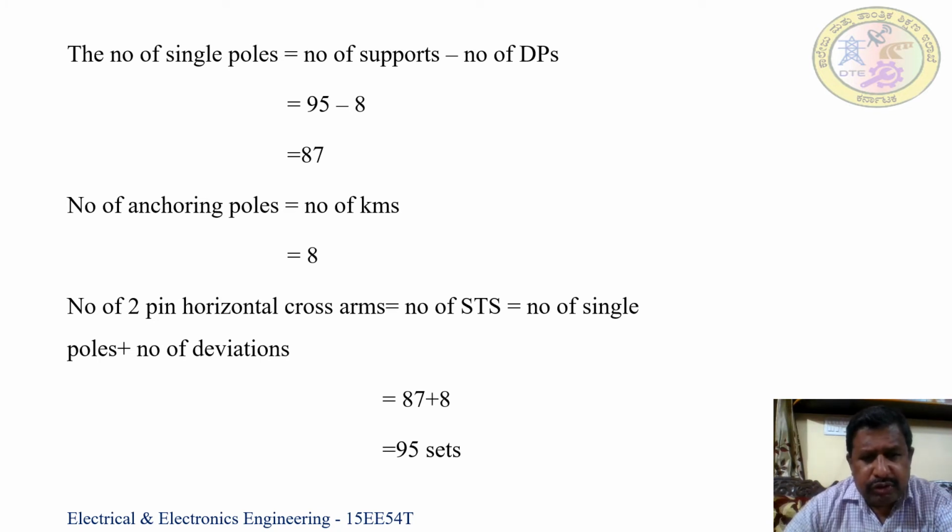So these two are equal in number, that is equal to number of single poles plus number of deviations, that is 87 plus 8, that is 95 sets. The total number of 2-pin horizontal cross arms or the total number of single top supports is 95 sets.